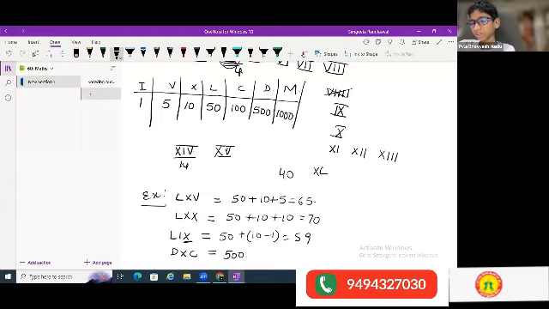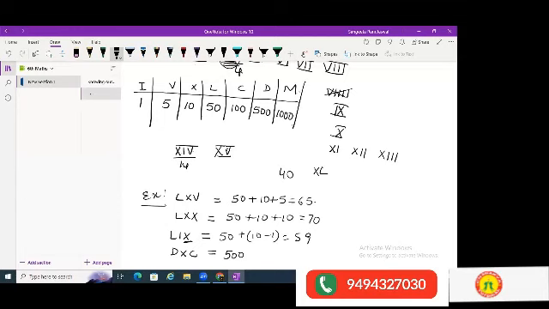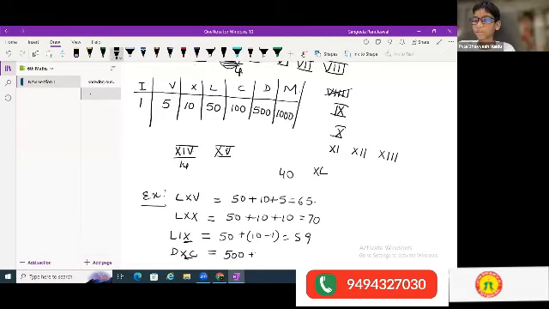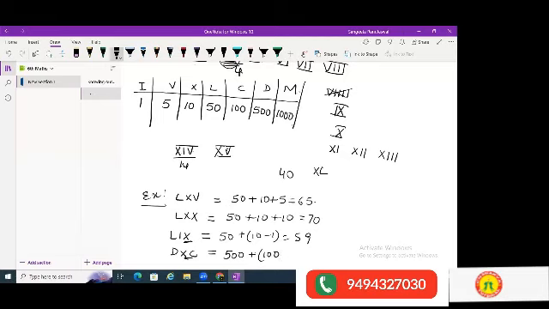X is towards the left side of C, no? C is 100 and X is towards the left side of C. So this is 100 minus 10. When something is towards the left side, that means it is getting subtracted. So 500 plus 100 minus 10. So that becomes 500 plus 90. That is 590.